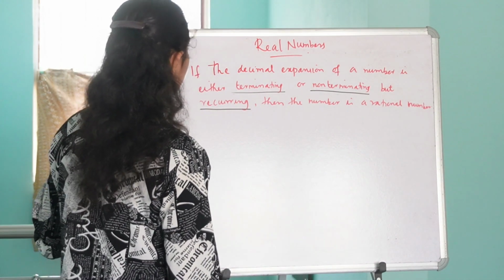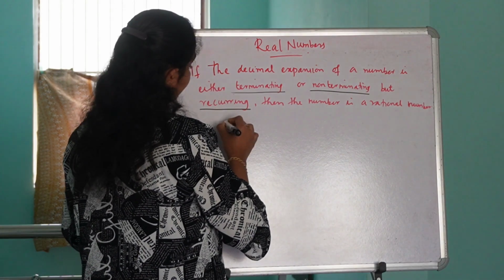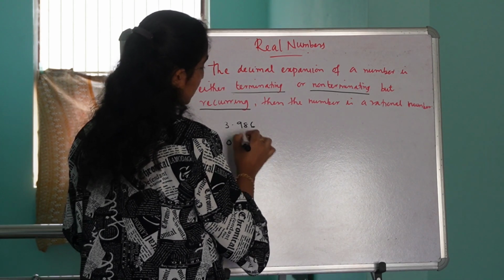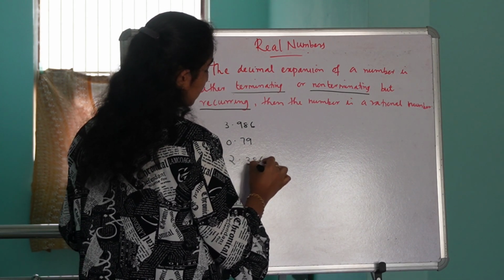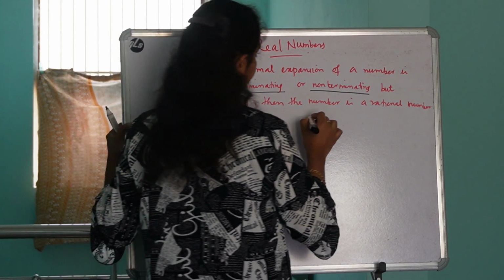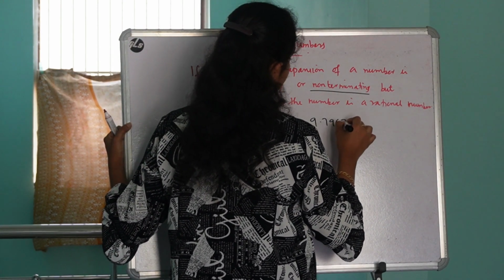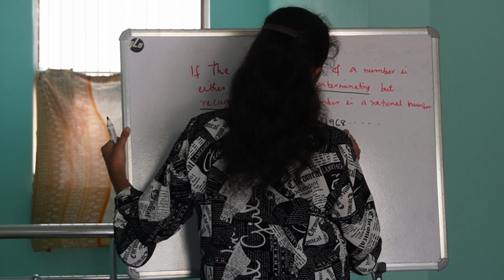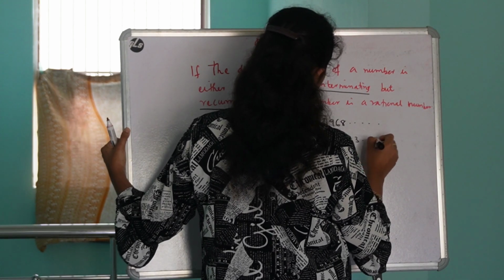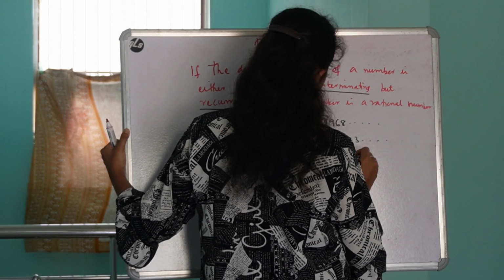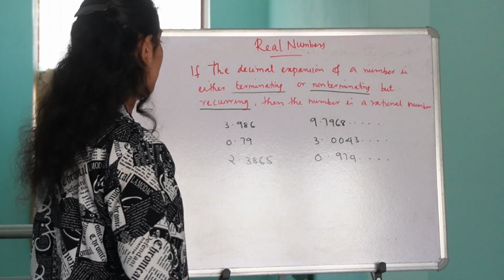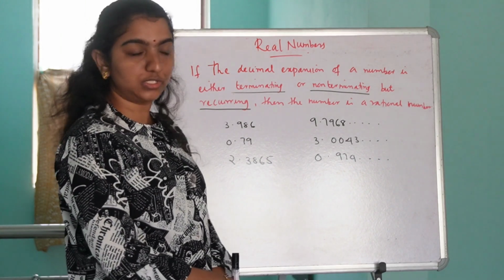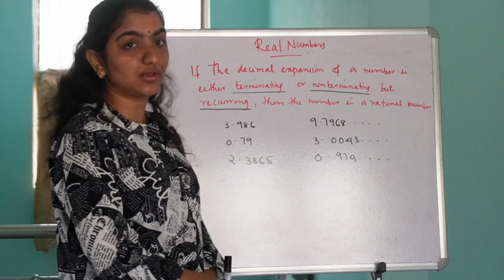Let's try to understand this with the help of an example. 3.986, 0.79, 2.386, 3865, 9.7967, 7968, 3.0043, 0.974, etc. Here on this board, I have written two sets of decimal numbers.